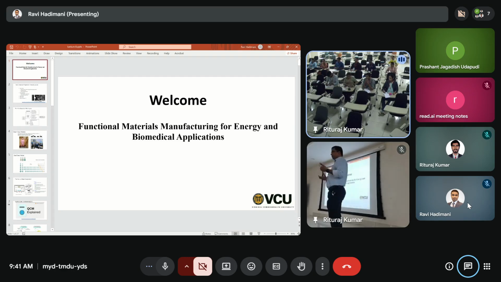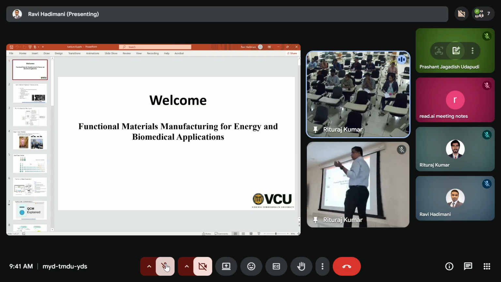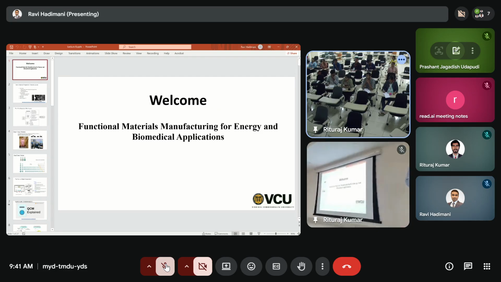In bulk materials, you apply some external environment so that the material takes the shape you want. But at nanoscale, you can literally arrange atom by atom. So that's what we are going to look at, which is nanofabrication or nanoprocessing in this class.